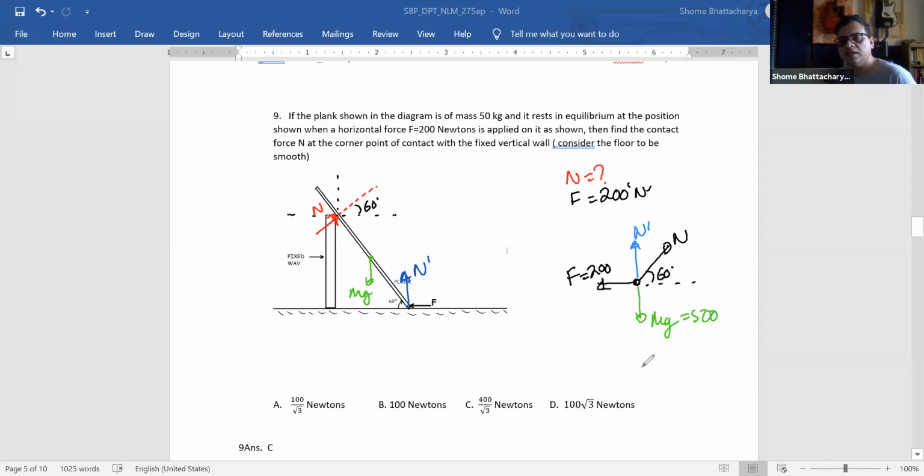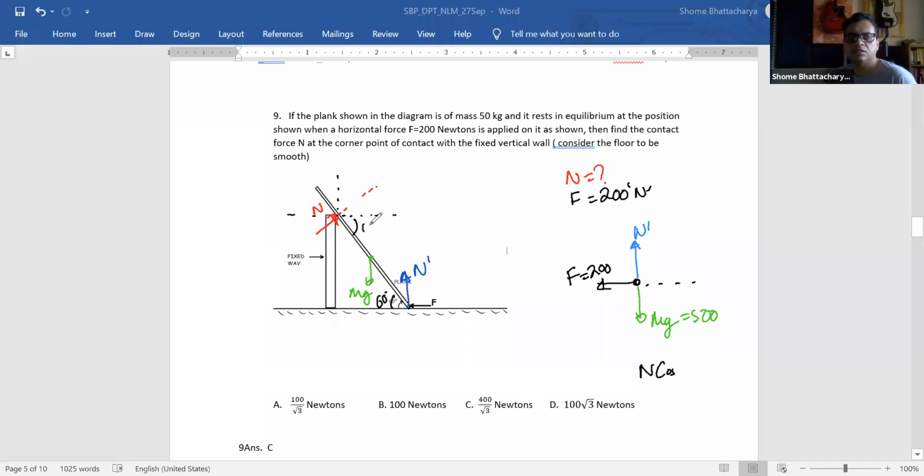So you can see that N cos 60, oh sorry, this angle is 60, my mistake, just a moment. This angle will become 30. I'll tell you why this angle will become 30, because in this diagram, if you look carefully, this angle is 60, no, sorry, not that.